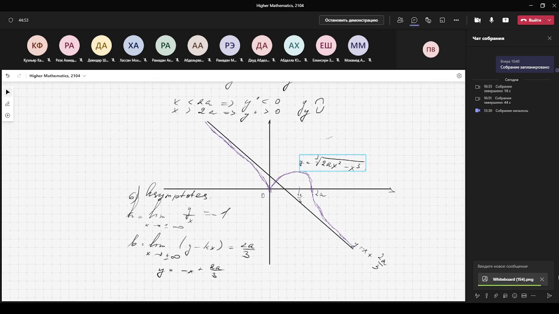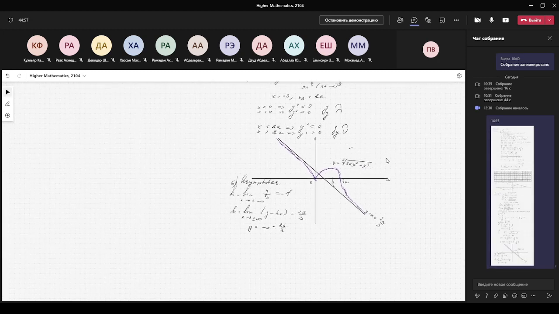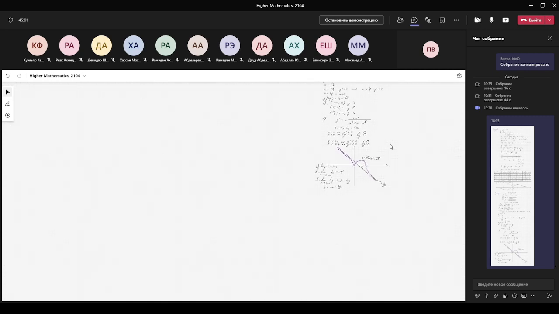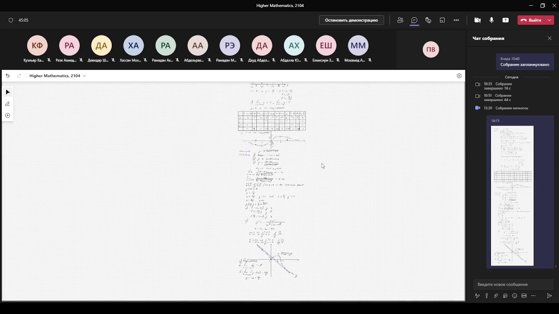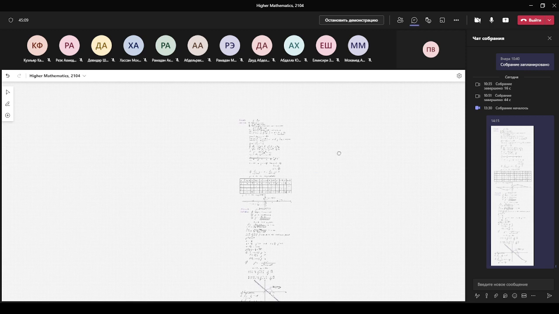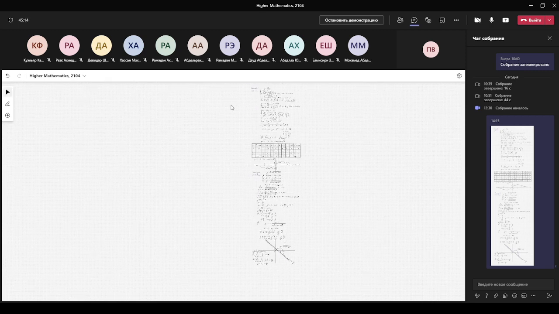Clean the board and we continue. Can you see the photo of our board? Do you see? Yes.